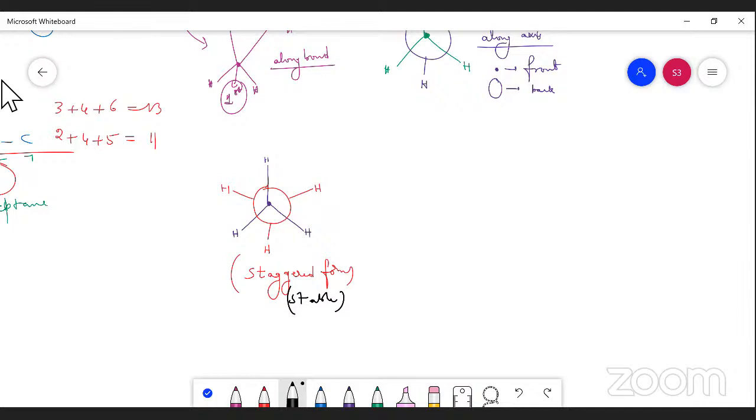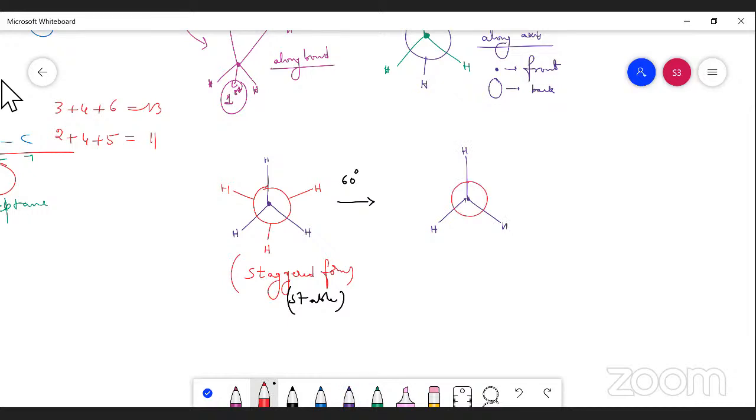Next, what I am doing? You just rotate this molecule by 60 degrees. Now what happens? You fix the front carbon, don't rotate it. You only change the back carbon.